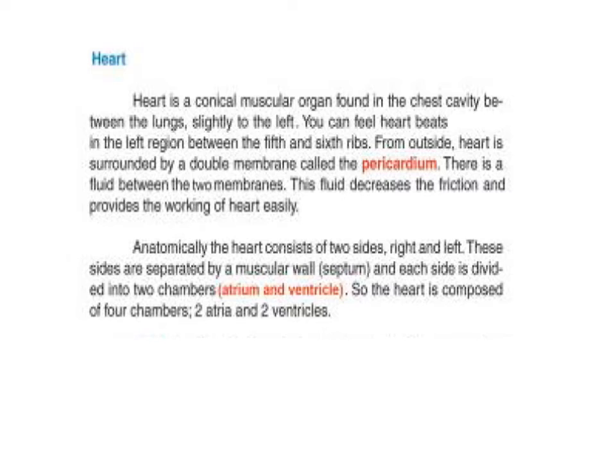Each one has an atrium and a ventricle. That means in the right side we have the right atrium and the right ventricle, and in the left side, the left atrium and the left ventricle. So the heart is composed of four chambers, two atria and two ventricles.